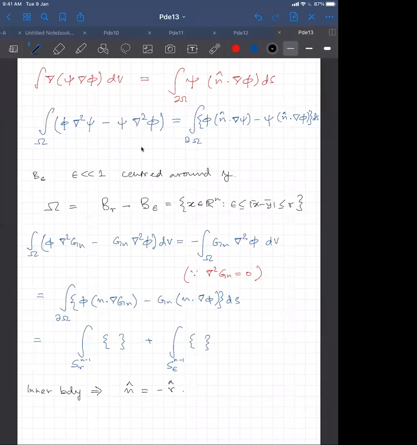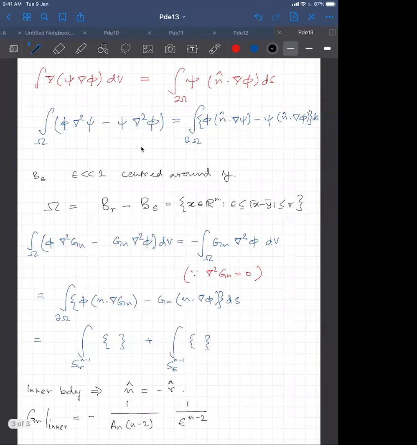So Gn on the inner boundary is going to have these signs to it. So there's minus 1 over an, minus 2, 1 over epsilon to the n minus 2.